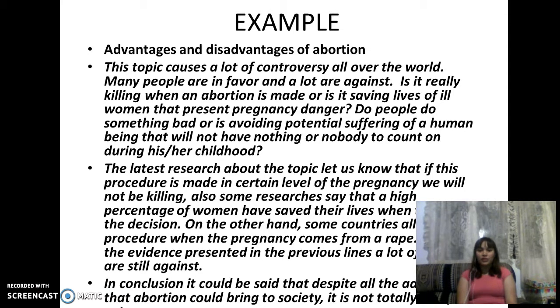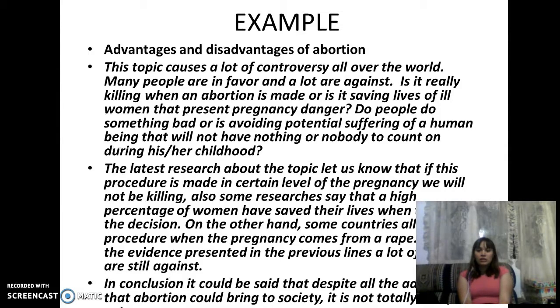The latest research about the topic lets us know that if this procedure is made at a certain level of the pregnancy, we will not be killing. Also, some research says that a high percentage of women have saved their lives when they took the decision.